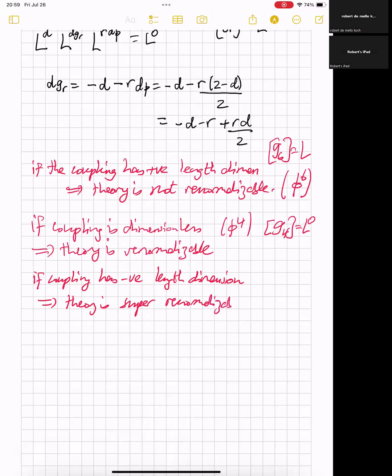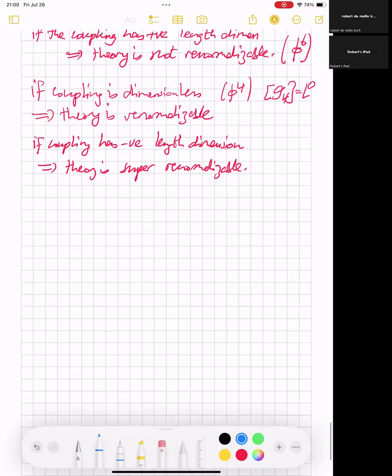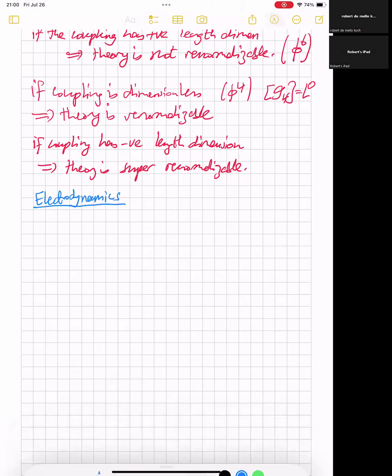Okay, good. Okay, so now let's just analyze two nice examples. Let's analyze electrodynamics. Okay, so you know all about electrodynamics. So the force is equal to mass times acceleration.